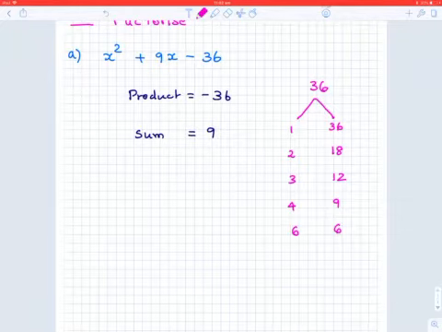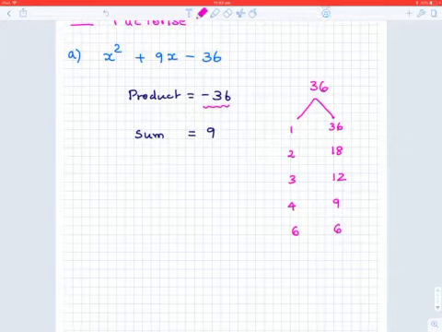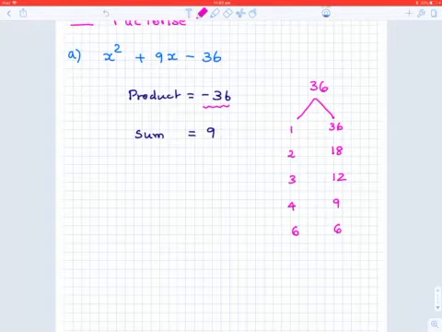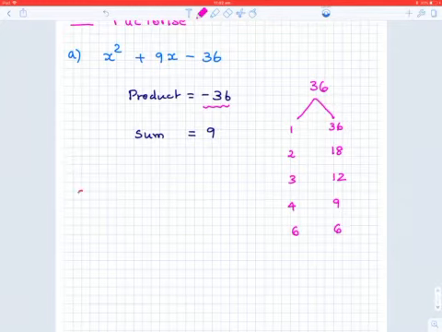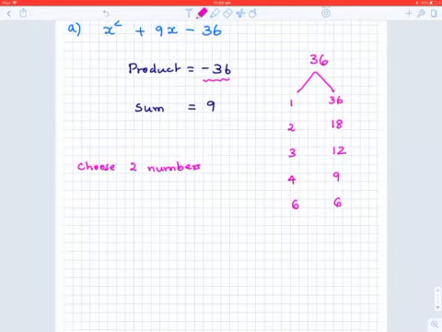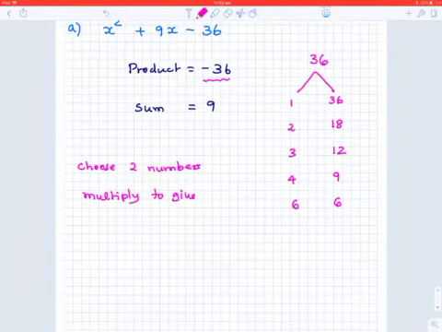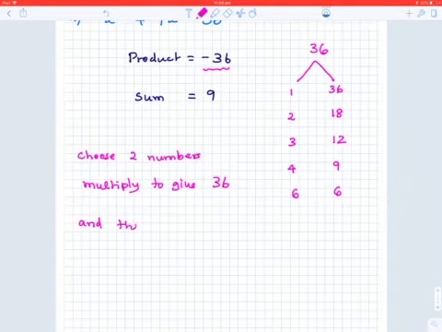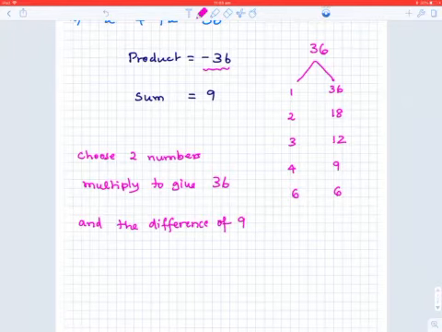The next thing we are going to do: the product is minus 36. I prefer this method. If you have some other method, if it works, go for it. If the product is minus 36, what I'll do is choose two numbers that multiply to give 36 and have a difference of 9.